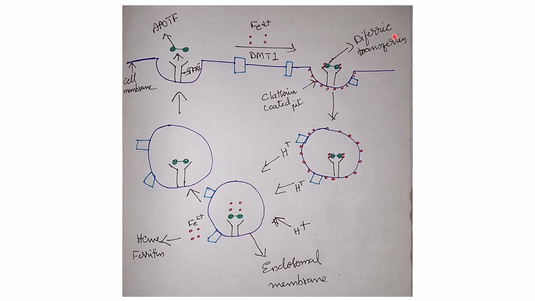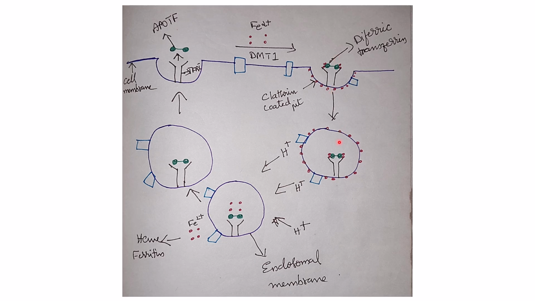Now once the iron binds to this transferrin, it will bind to the transferrin receptor. This transferrin bound to the TFR1 receptor will be endocytosed in clathrin coated pits. Okay.